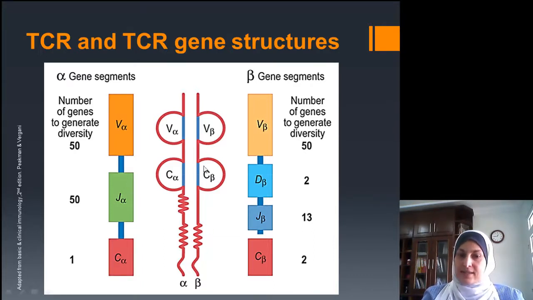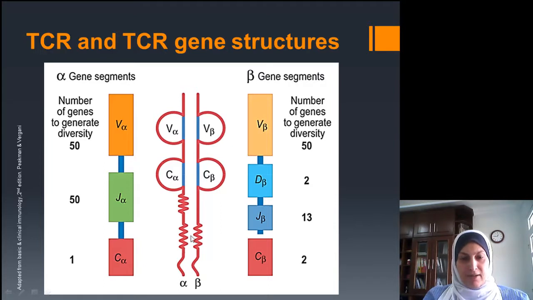This is an example of an alpha beta T cell receptor, and we will keep talking about the alpha beta T cell receptor because about 90% or more of the T cells present an alpha beta T cell receptor rather than gamma delta.